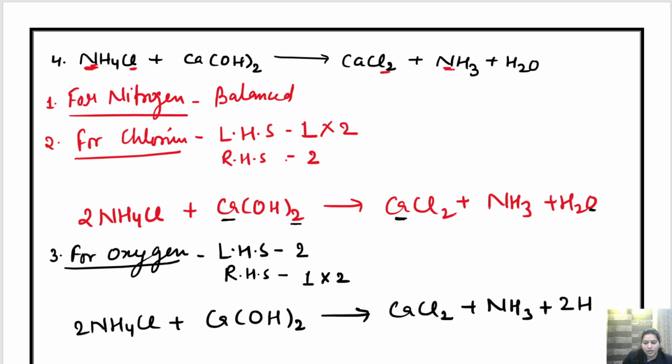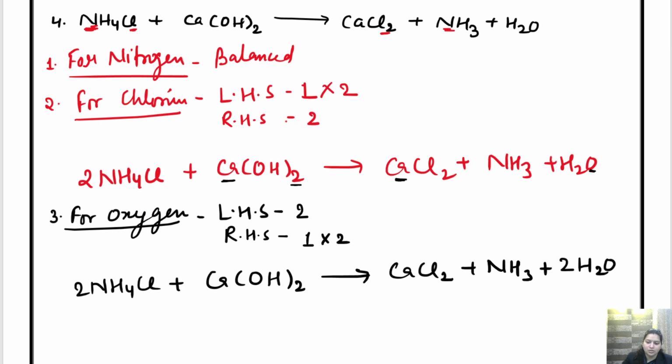So it will be 2H2O. In order to balance oxygen. तो अब क्या हुआ? कि ऑक्सीजन LHS में और RHS में दोनों में दो दो हो गया.